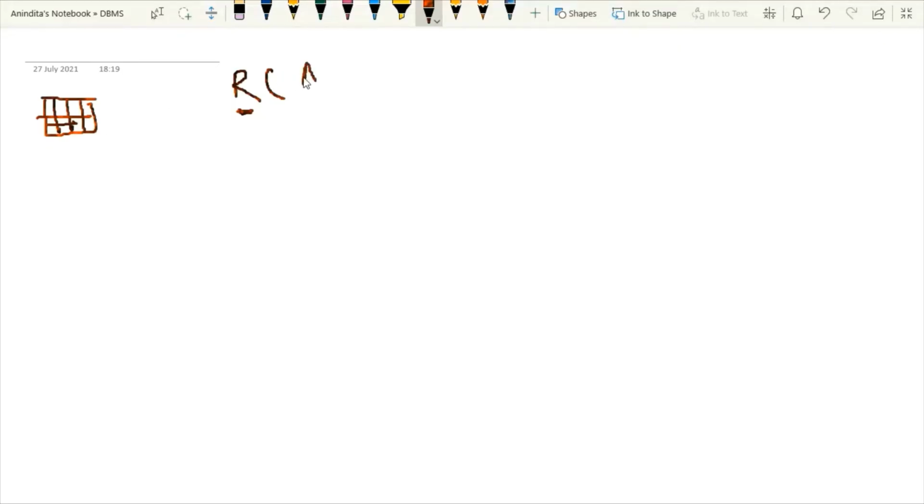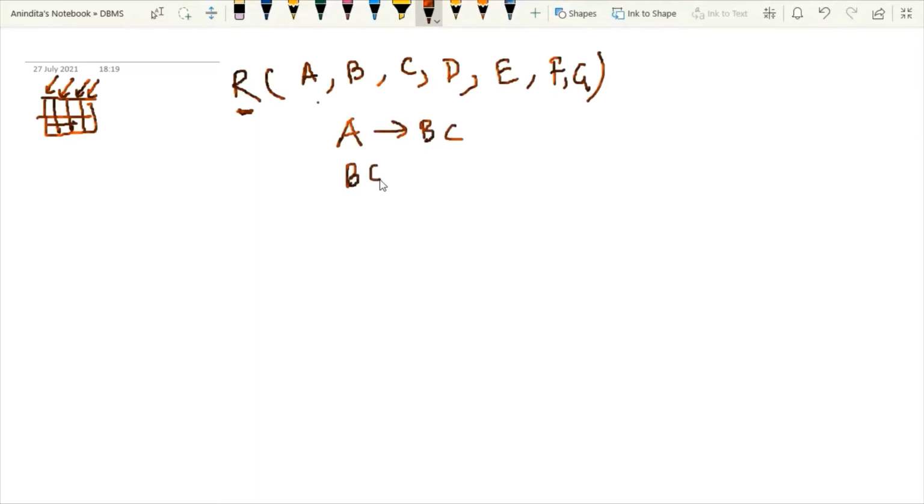Then if I write something within the first bracket, then you have to understand that these are the attributes. Attribute means names of the columns, that is student roll number, student name, something like this. So here I am denoting with A B C D E F G, meaning no specific name is given to the attribute. And say here some functional dependencies are also given. So the name of the table is given, attribute information is given, and some functional dependencies are given.